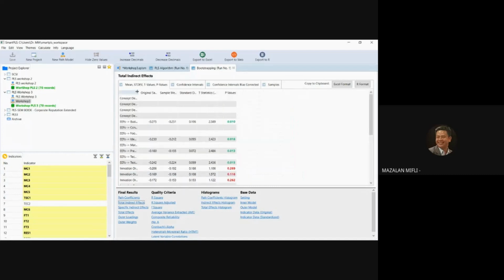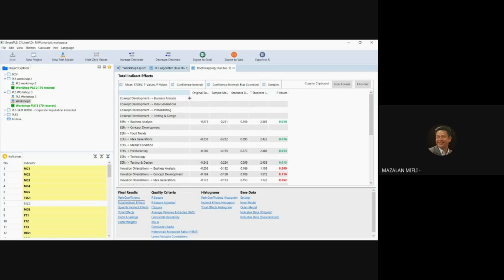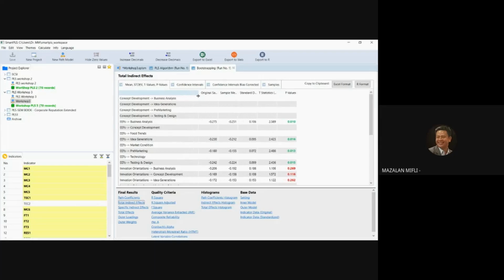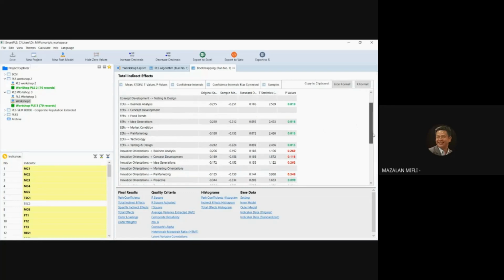Let's look at the total indirect effect. Earlier we knew it was significant, but now it's not significant. It's nearly one, but it's not significant. So all of them are not significant. The results are not significant.